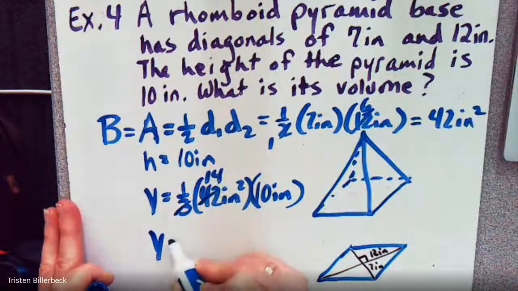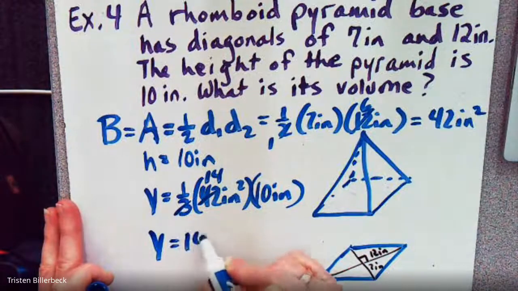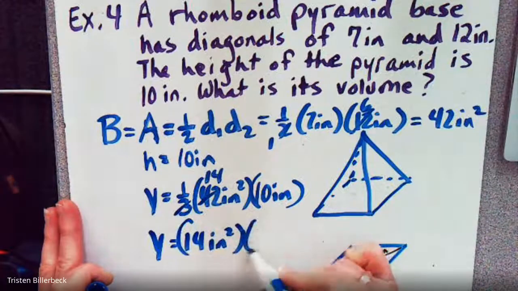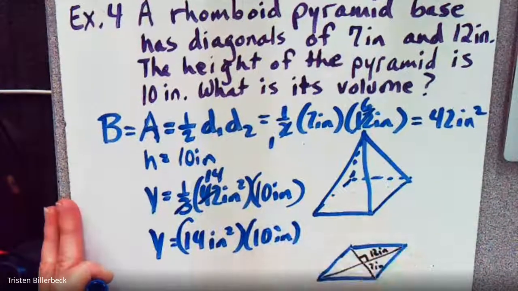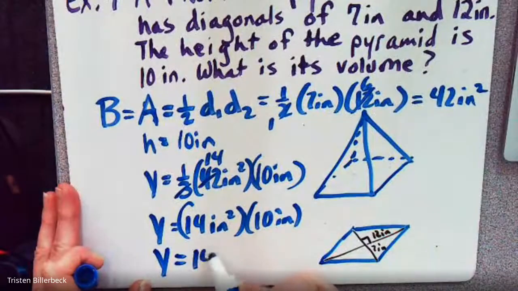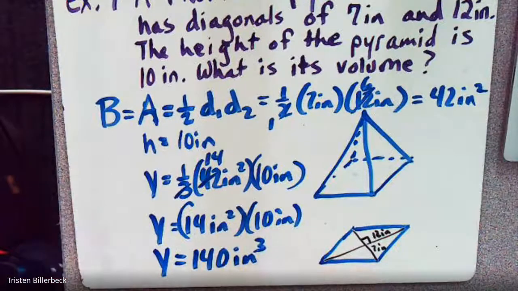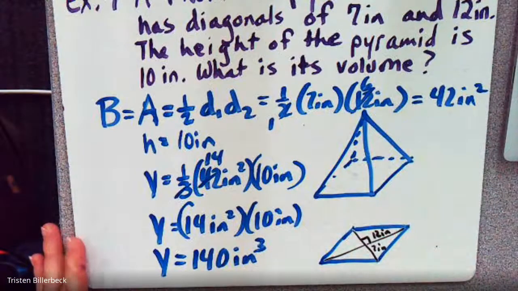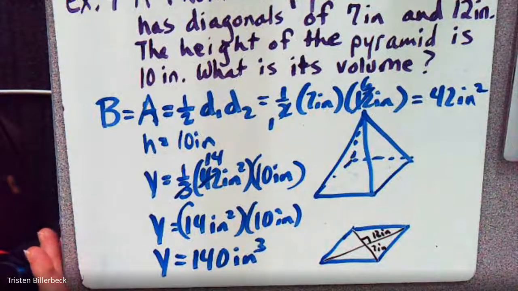So our volume is 14 inches squared times 10 inches. The total volume for this figure would be 140 inches cubed. So we just have to find the base area, find the height, and we're set when we find volume. Isn't that much easier than surface area?